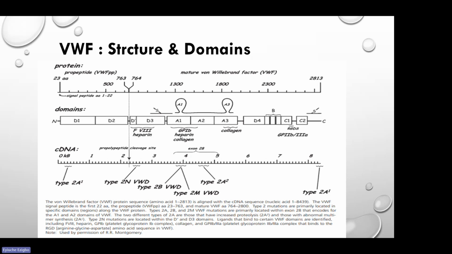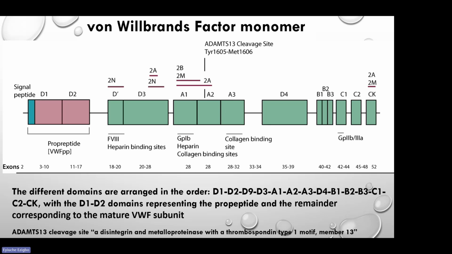So this diagram is trying to map the various functional domains, and then the cDNA sequence showing the specific areas of the von Willebrand factor gene where we have mutations or molecular abnormalities. This is also a more elaborate diagram, zeroing in on the domains of the von Willebrand factor monomer, with its functional domains where it binds to its ligands.